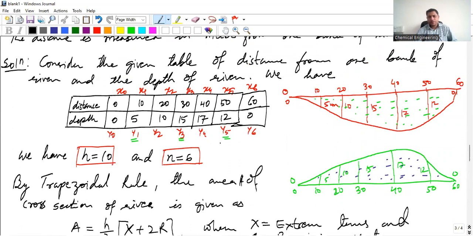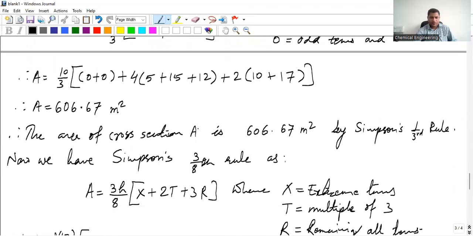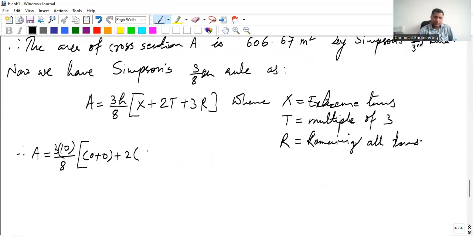It will be y3 only, because y0 and y6 we have already considered. The value of y3 is 15, plus 3 times r, it is going to be 5 plus 10 plus 17 plus 12.